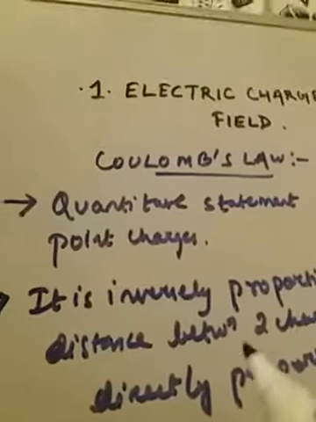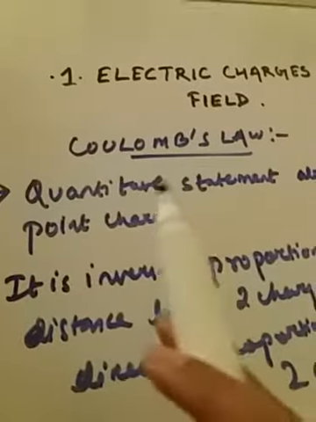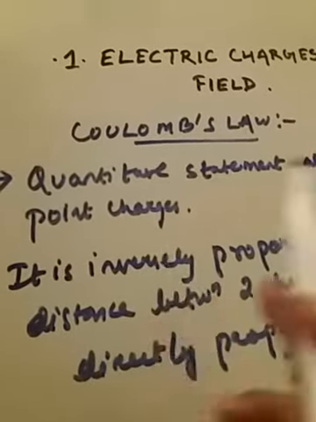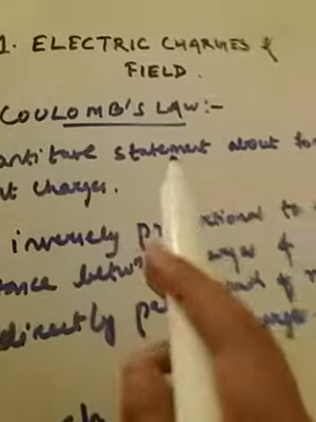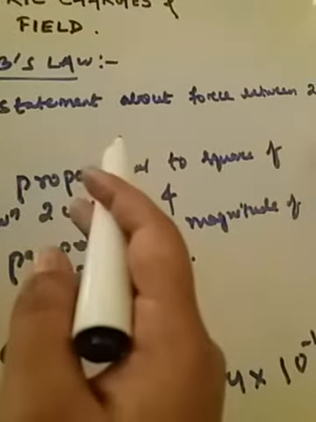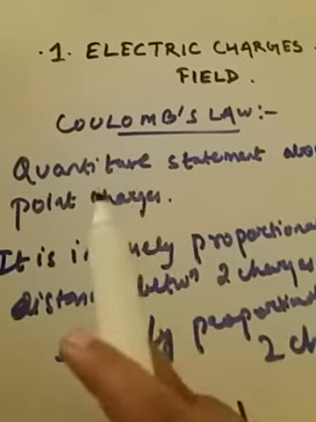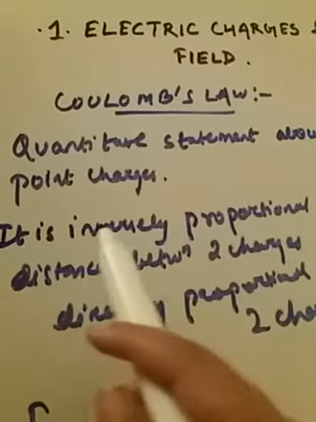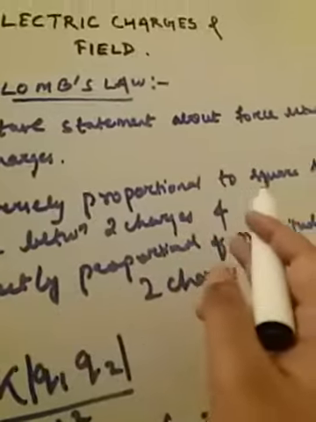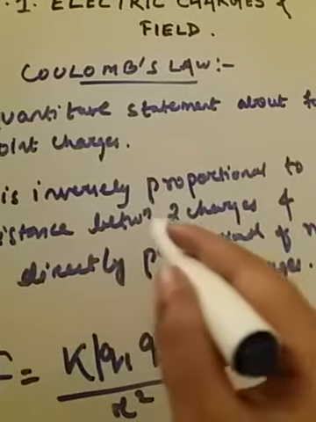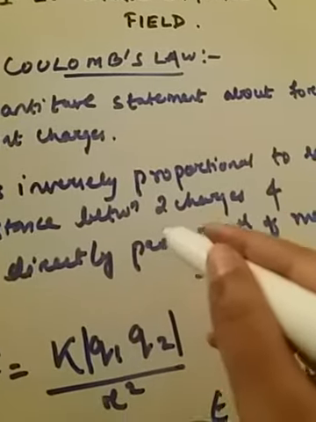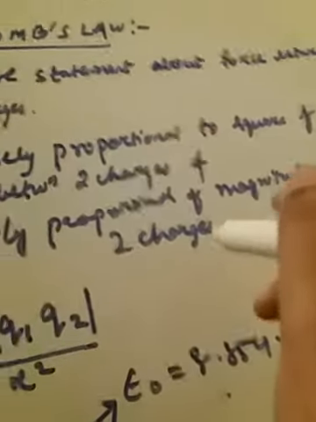Now the next part of our content is Coulomb's law. So what is it? It is a quantitative statement about the force between 2 point charges. It is always inversely proportional to the square of the distance between two charges and directly proportional to the magnitude of the two charges.